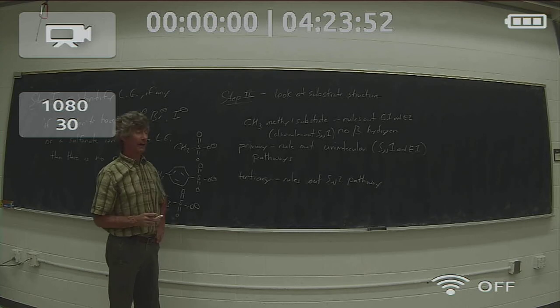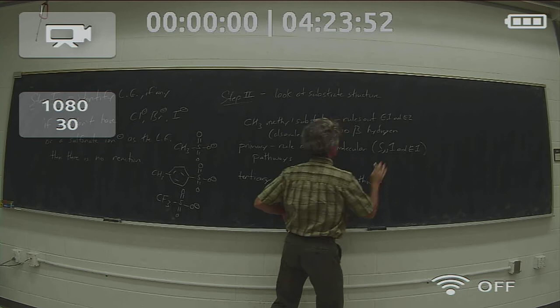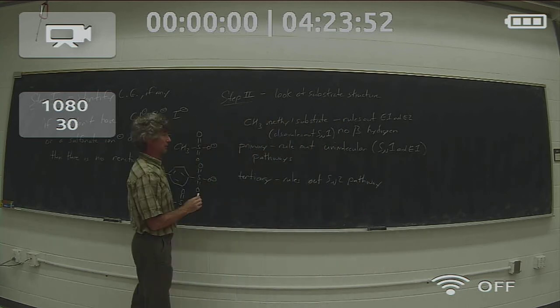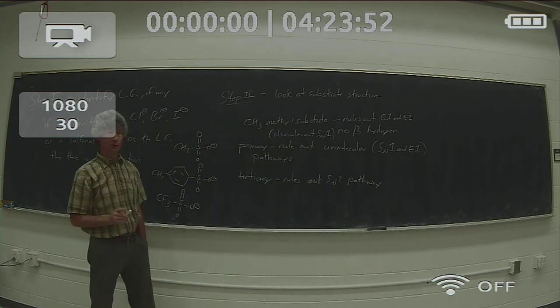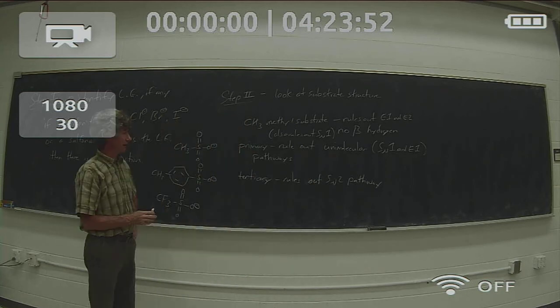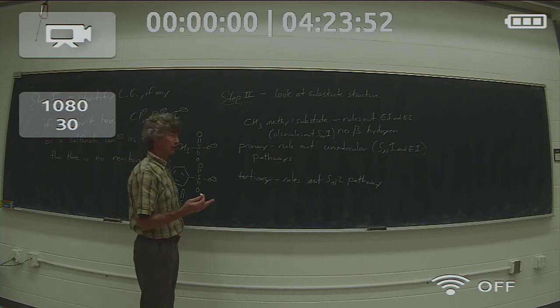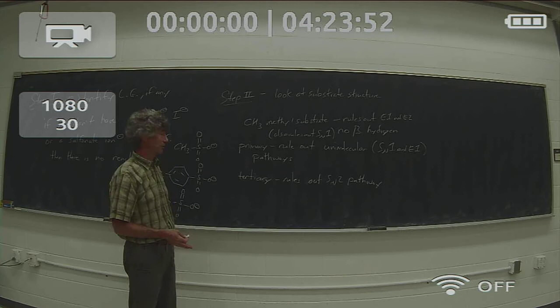We can't rule out the E2 pathway, though. If it's primary, we can rule out both substitution and elimination in the unimolecular pathways. But if it's tertiary, we can only rule out the SN2 pathway, because E2 elimination is not as subject to steric hindrance as the SN2 pathway, because the reaction is happening further away from that substitution.